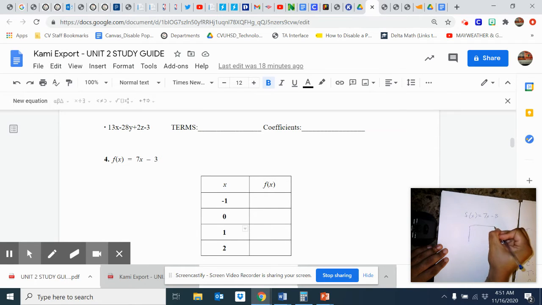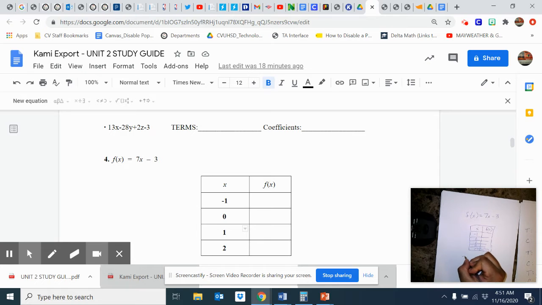I'll draw the table. You don't have to draw your table, but I'm just going to do it. And it's minus 1 if you get these wrong. Inputs are negative 1, 0, 1, and 2. Don't have to put anything in this last part. I plug in everything for x.